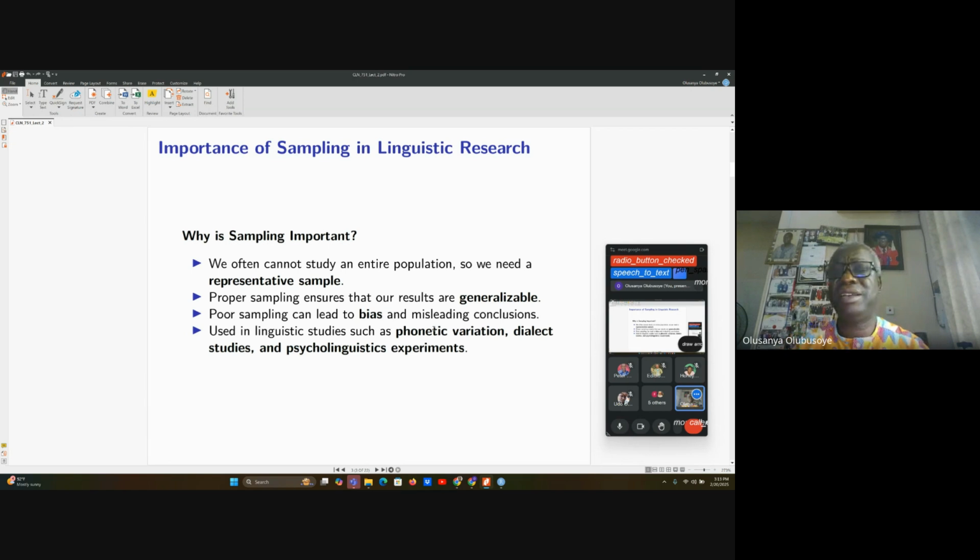And when we talk about the population, those are the group of items, individuals with common characteristics. This class can be considered as a population, and the population is defined by CLN 751. That's what is common to all of us in this class.